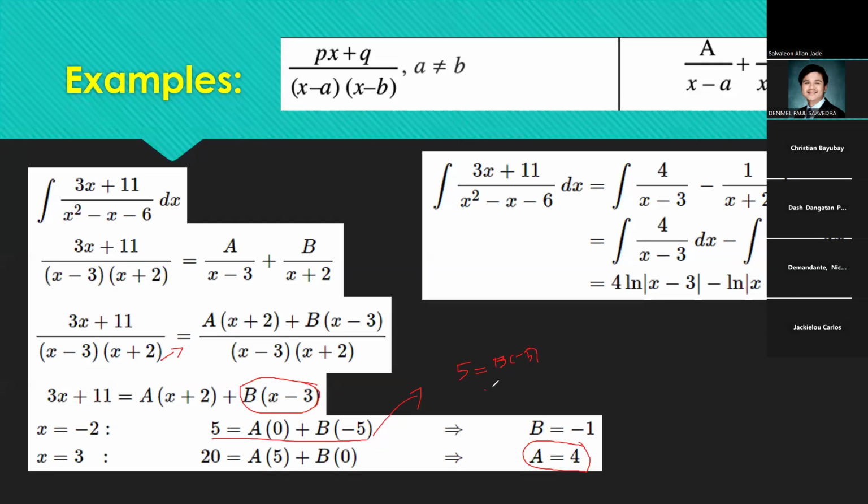Yes, just transpose it so you get the B. Put this at the bottom. It is equal to 5 over negative 5, which is now negative 1. Okay? So, was I able to answer your question, Miss Demandante?